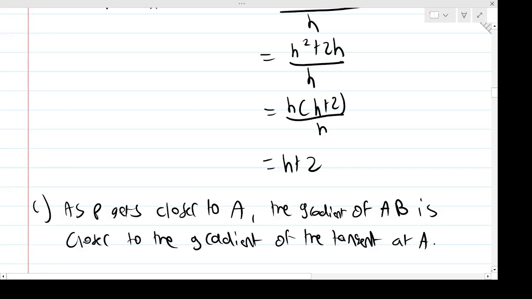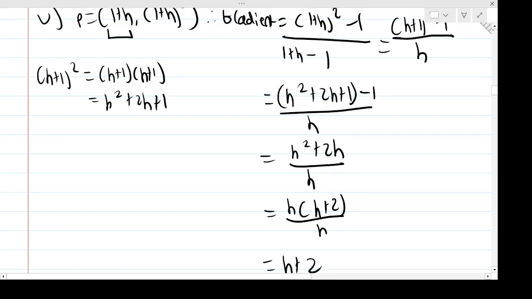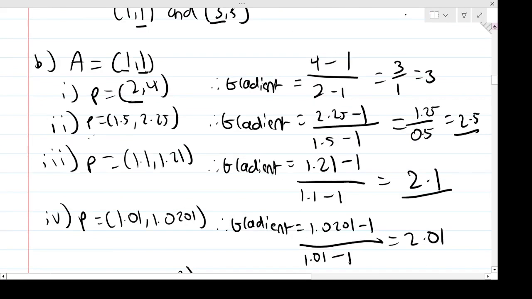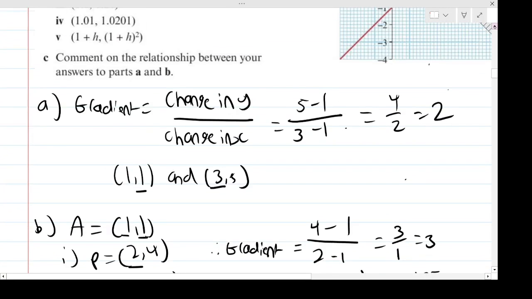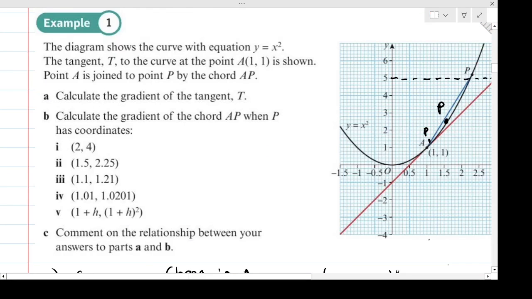But lastly, I want to talk about this h business. We will look at this in more detail in the next section. In 1 plus h, the h is basically telling me how far away from A I need to be. So let's go back to my curve. At this point, P is (2, 4).